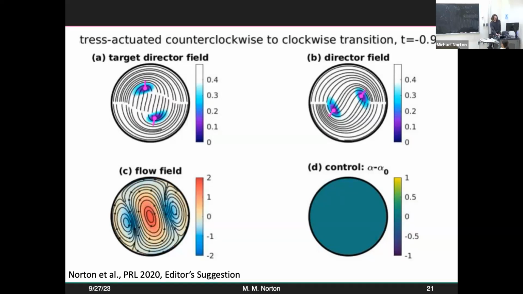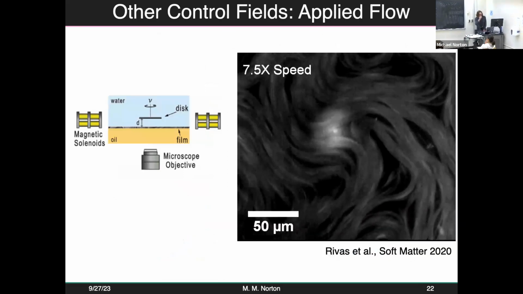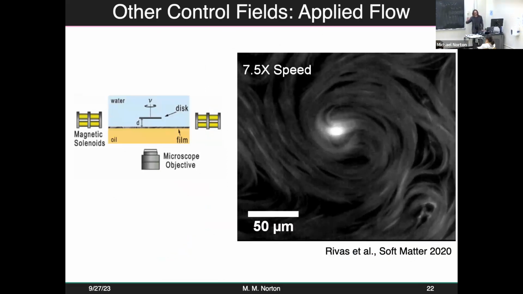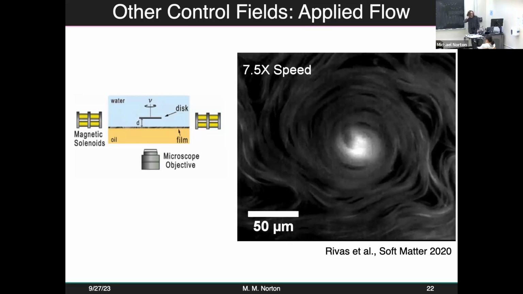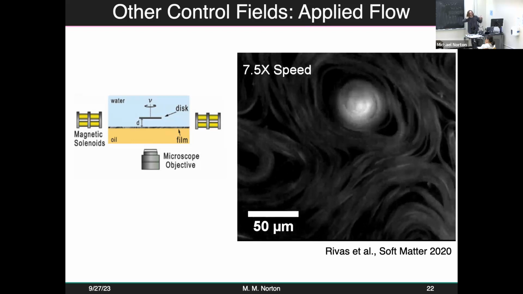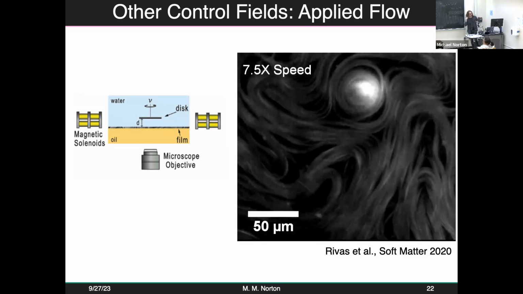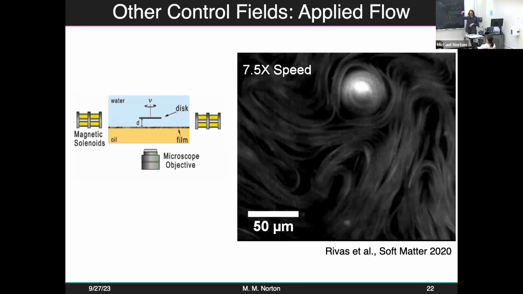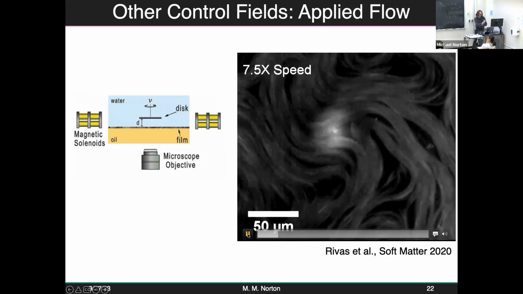Yeah, that's a great question. This is one example of a crude way of controlling the flow. This is work that was done at Johns Hopkins, where they have a magnetic disk floating above the nematic, which you can see out of focus here as this shiny blob.